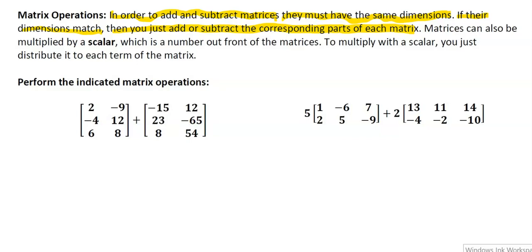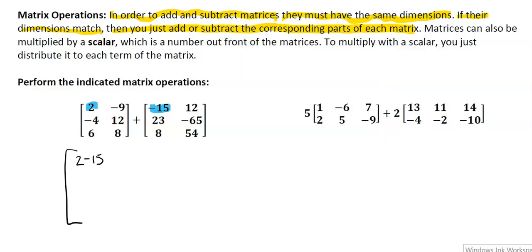So here I've got a 3 by 2 matrix, and this is a 3 by 2 matrix in this example to the left. And so we can draw out the matrix and say the first element is 2 minus 15. 2 corresponds to negative 15.